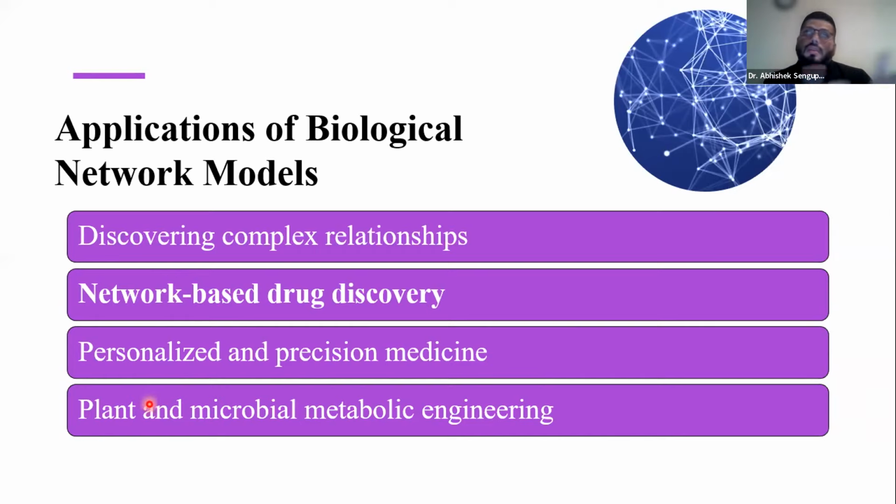These can be done using AI/ML also, but this can be done using systems biology approaches also. So the choice is yours, right? We do it in two ways. I always say that data science in biology gives rise to two directions. One is AI/ML based approaches, and another is systems biology based approaches. So I'm talking wholly about systems biology approaches today, right? So plant and microbial metabolic engineering, personalized and precision medicine, network based drug discovery, discovering complex relations, etc.